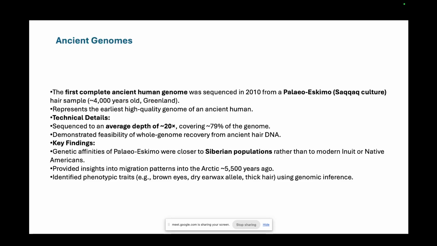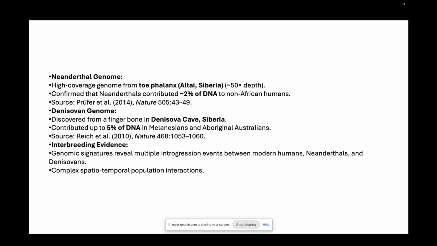So that is also very fascinating, I think. So yeah, also we identified different phenotypic traits like brown eyes, thick hair, dry earwax allele, and other things as well through sequencing, right? So that also is very fascinating.